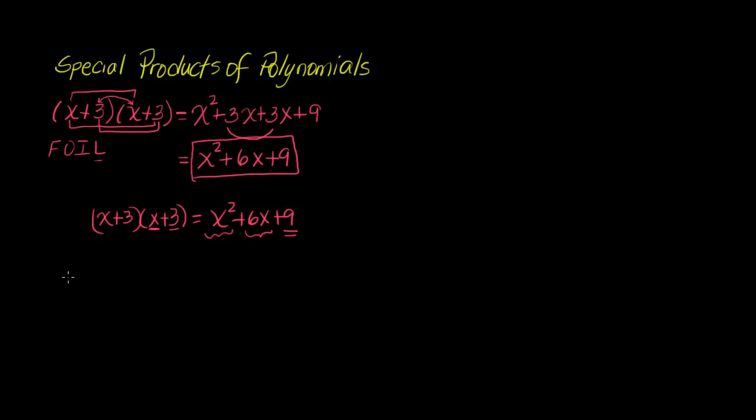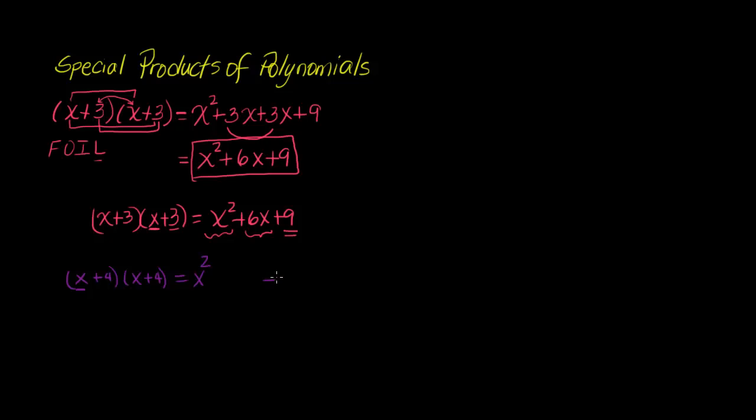So let's do another example without using FOIL. If I have x plus 4 times x plus 4, following the same pattern, I know the first term is this first term squared.